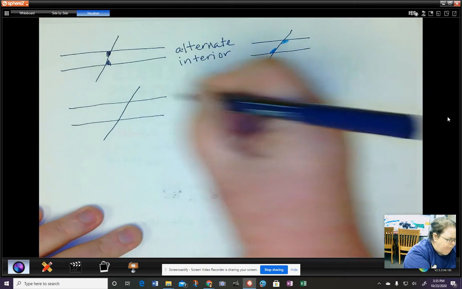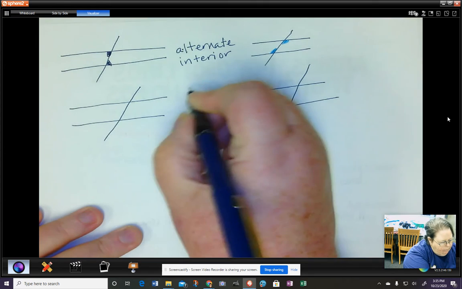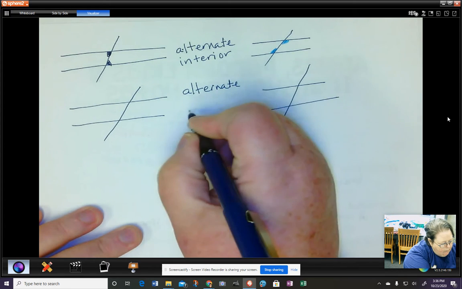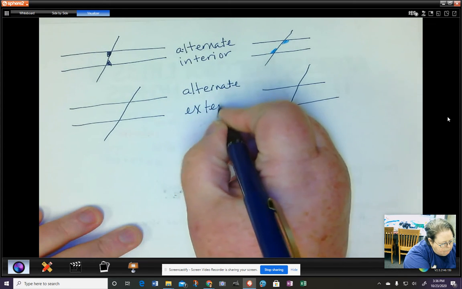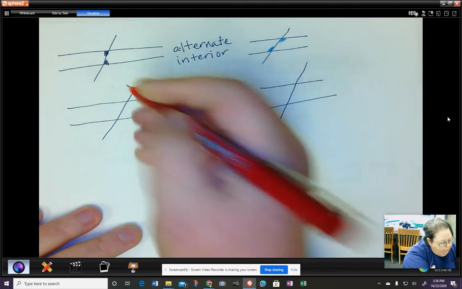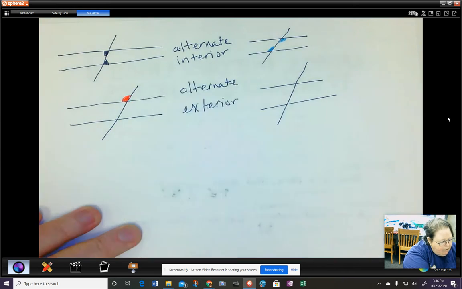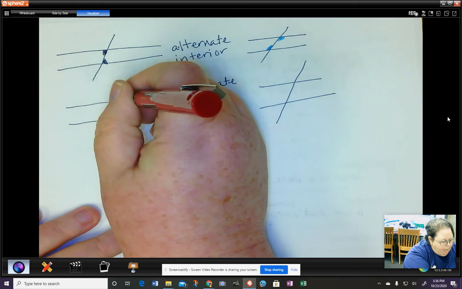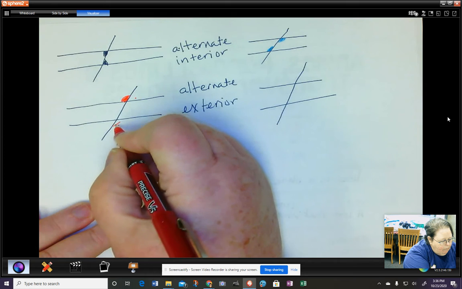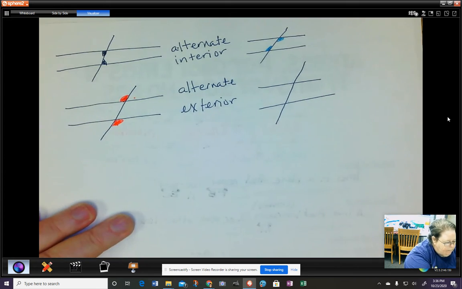We have alternate interior. We can also have what? Alternate exterior. So I'm going to do red. Here's this one. Where's the alternate exterior? Well, it means on the opposite side, but on the other one down here. Okay.